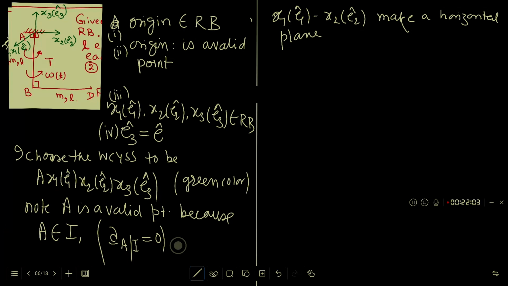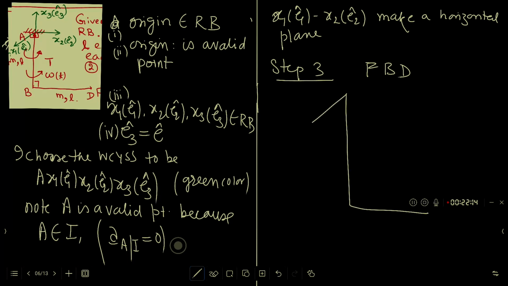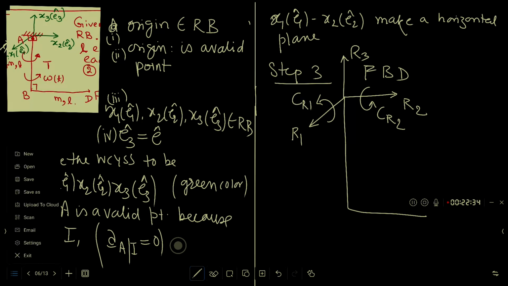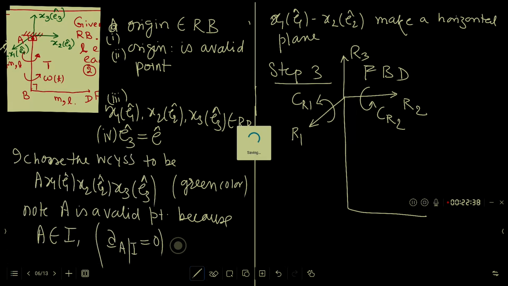Step 3, free body diagram. This is the force system that will emerge, or that is there at support A. I explained this in the last tutorial also: why I am putting R1, R2 and R3, why I am putting CR1 and CR2, and why I am not putting CR3.